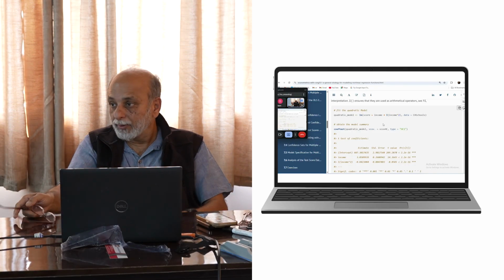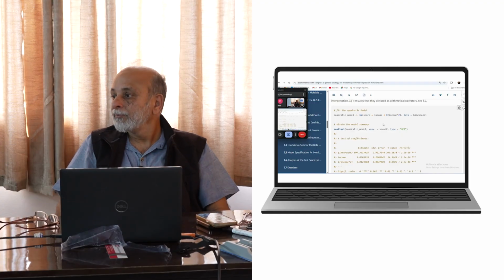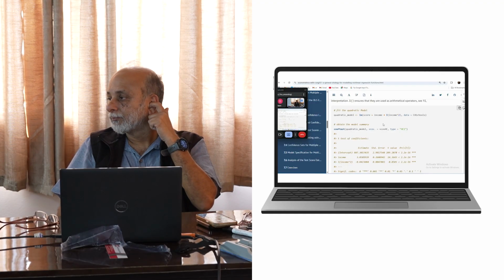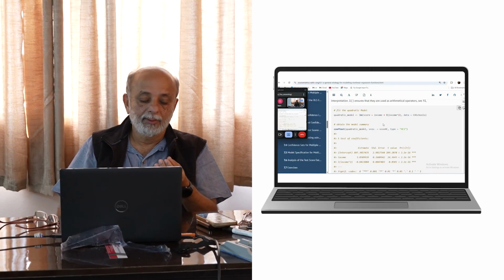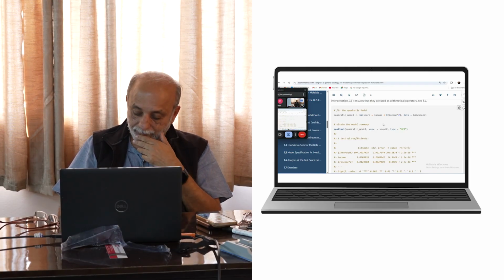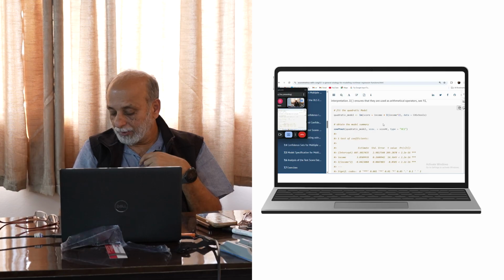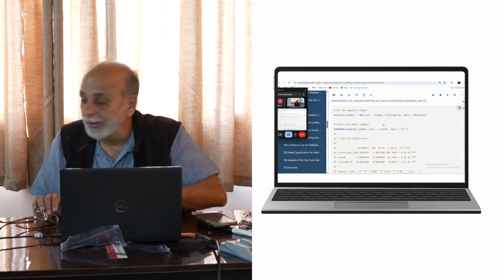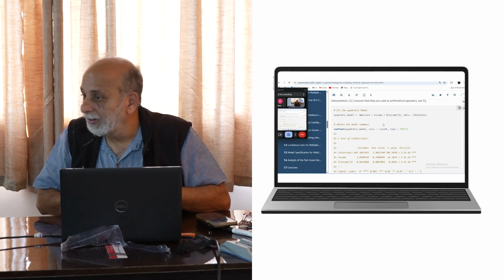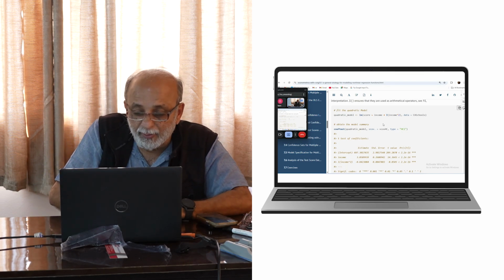Hey Alef, have you got this? Okay, what does the coeftest tell you? So basically the coeftest is telling you these are the t values.